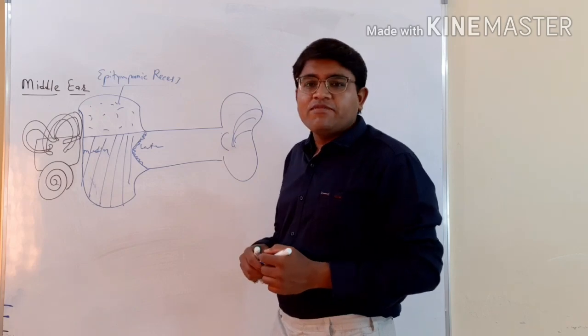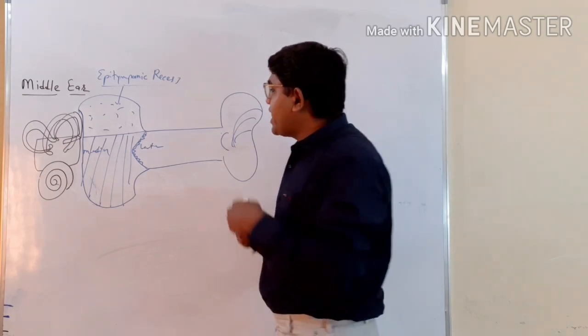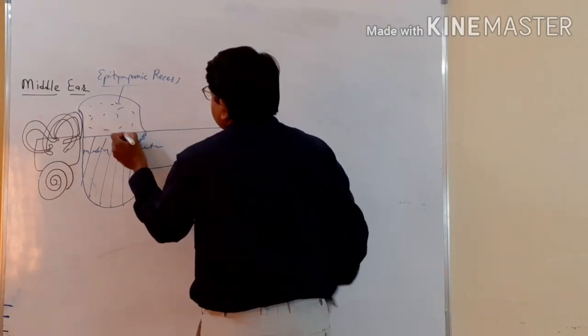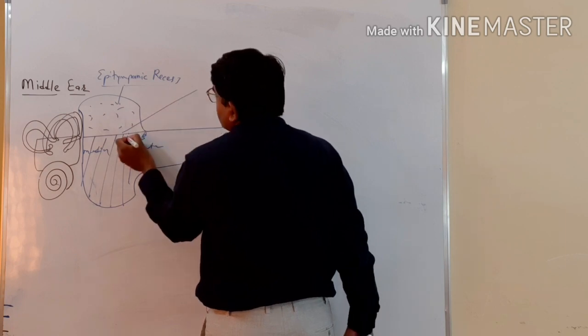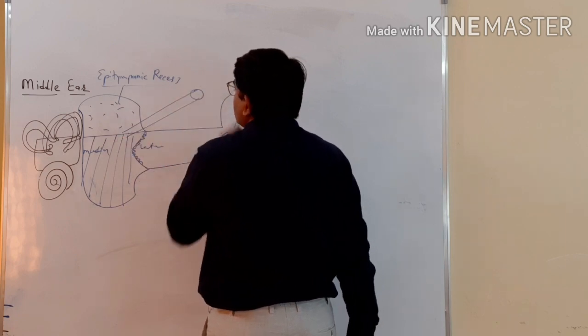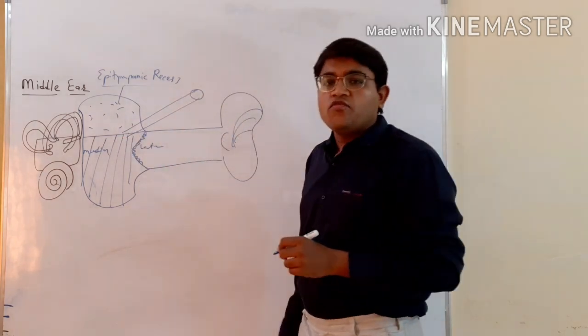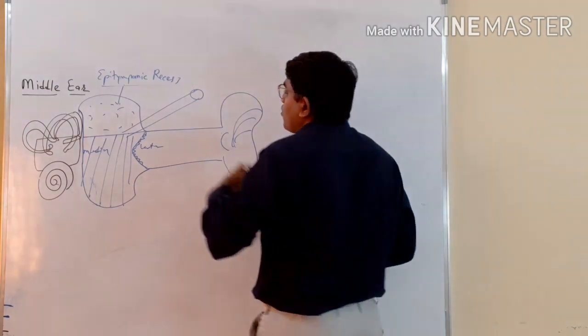The middle ear cavity communicates anteriorly with the nasopharynx through the auditory tube.